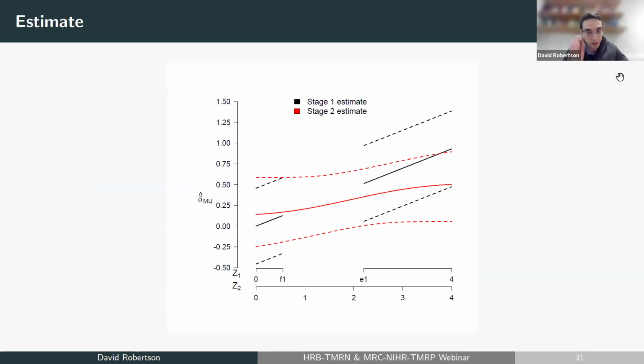But this plot shows what the median unbiased estimator looks like. In black, we have the median unbiased estimator if we stop at stage 1, with the values of Z1 shown along the bottom. And the dashed lines are the upper and lower bounds of the confidence intervals. And then in red, we have the value of the median unbiased estimator if we stop at stage 2.